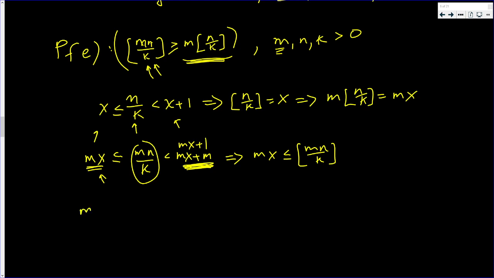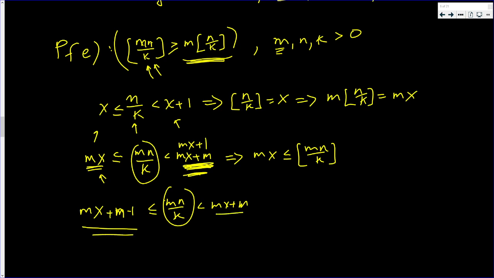Or if the left side was mx plus m minus 1, that is, 1 less than that, then I can say that the greatest integer of this is that. But they're not. This number and this number do not differ by 1.